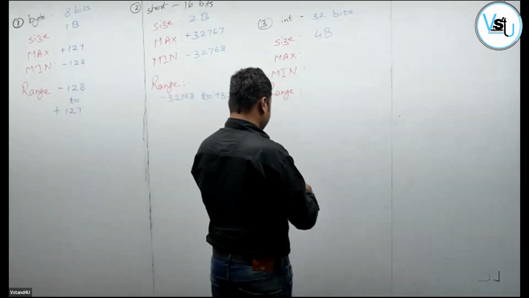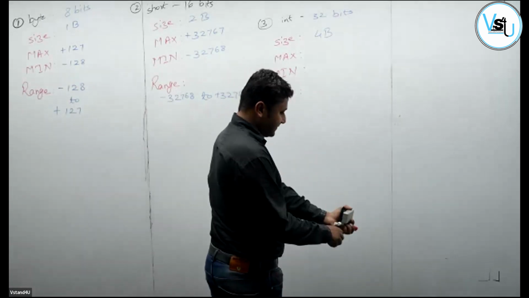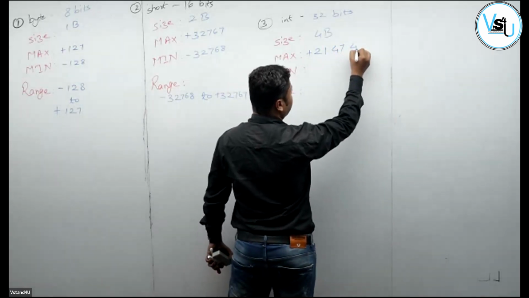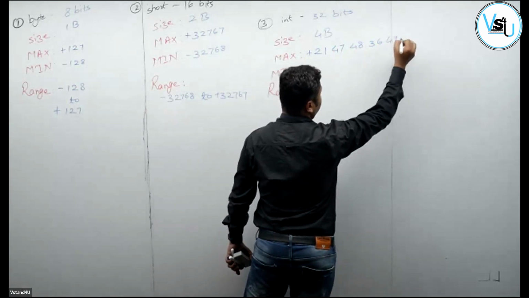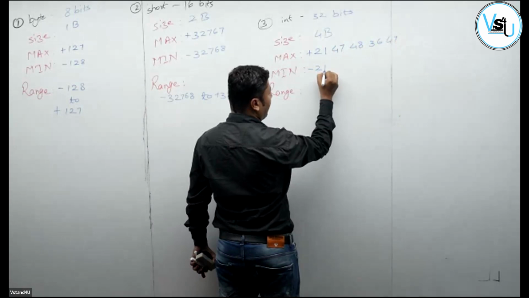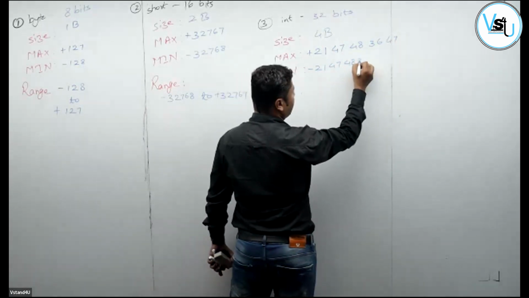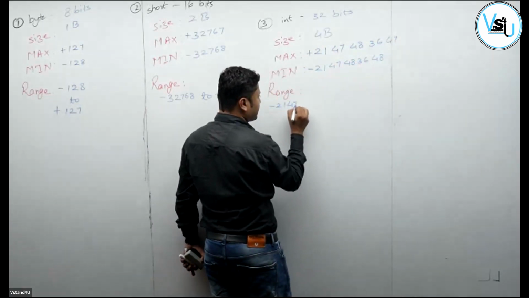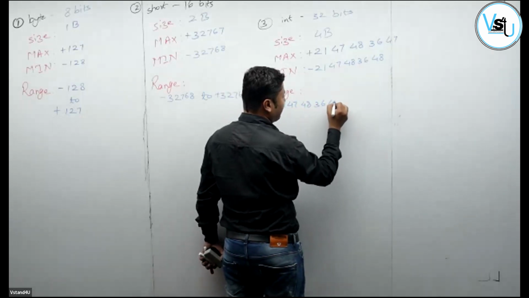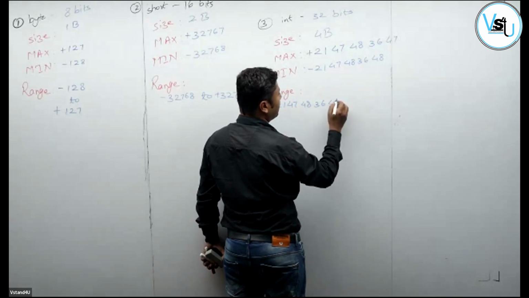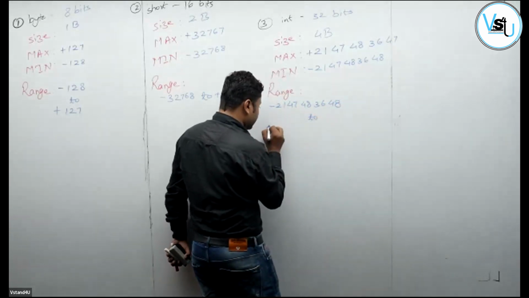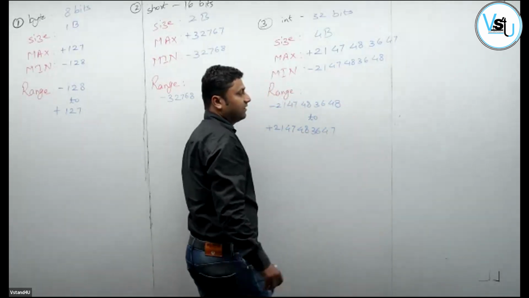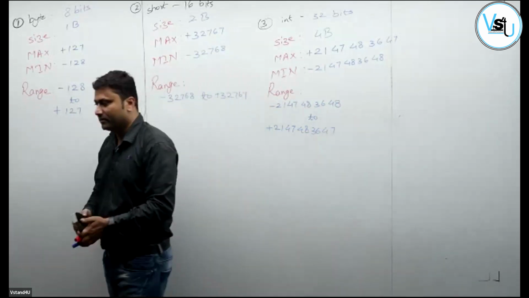Okay, sir. The maximum number an int allows is positive 2147483647, minimum is minus 2147483648, and the range starts from minus 2147483648 to positive 2147483647. Clear?